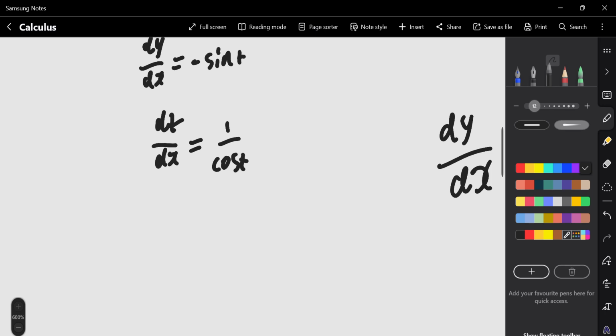Times them together, you're going to get minus sine t over cos t, which is just going to be minus tan t. Yes? Sine over cos is tan. Let me just check. I'm correct. Yes, minus tan t.